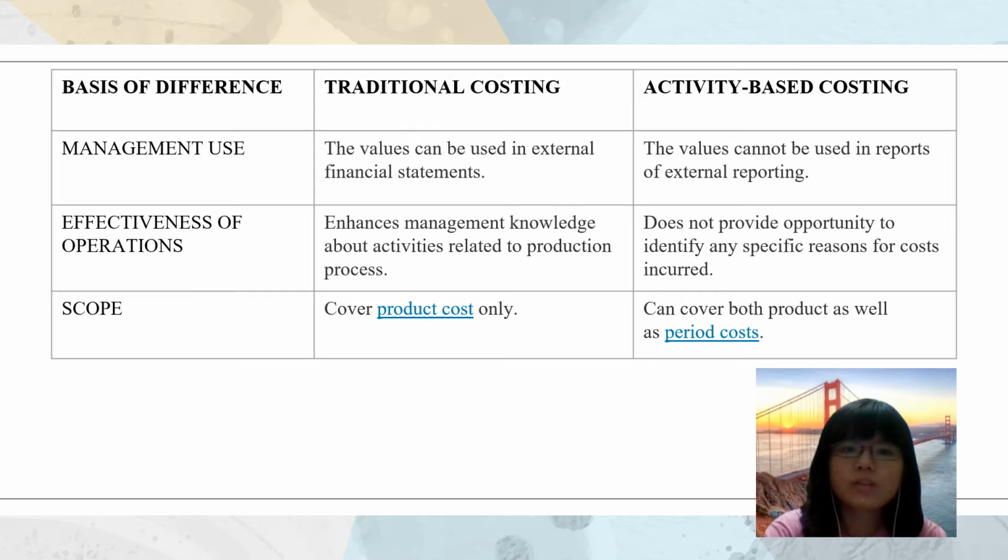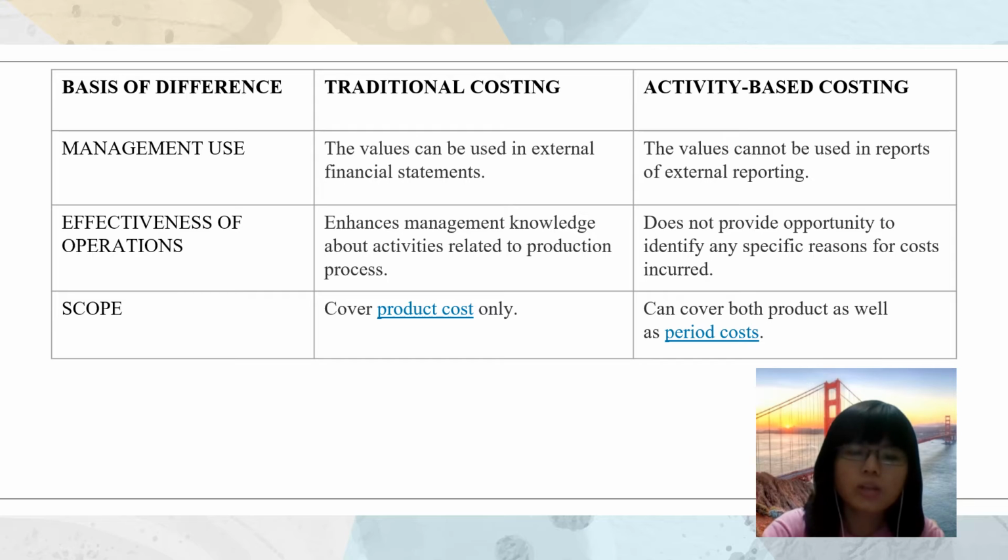The fifth difference is about the effectiveness of operations. Traditional costing will not provide any opportunity to identify specific reasons for costs incurred, while activity-based costing improves business processes in the long term.